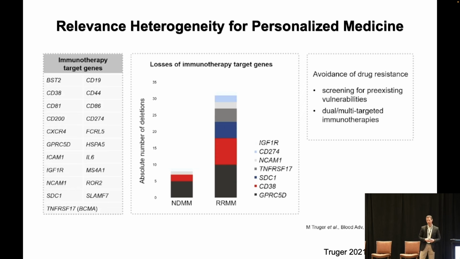Another reason why it's important to do the biopsies where the myeloma is: there are certain mutations that we can target. I mentioned earlier in our Q&A that there's this certain gene that leads to the BCMA expression. It's TNFRSF17.